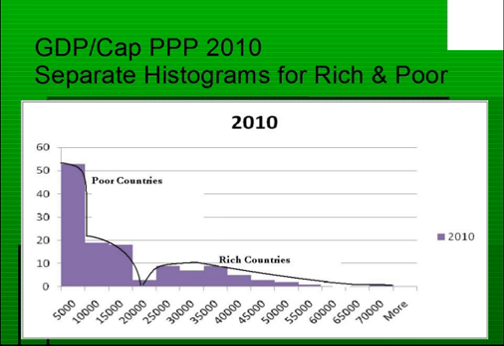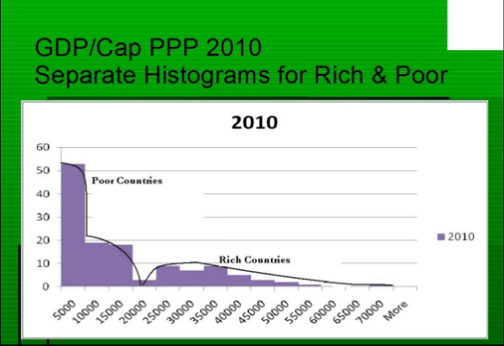In this slide, the histogram of the previous slide has been copied, but the two areas, the rich histogram and the poor histogram, have been separately marked just so that the student can see that there are actually two different histograms here. The rich countries have their own histogram and the poor countries have their own.